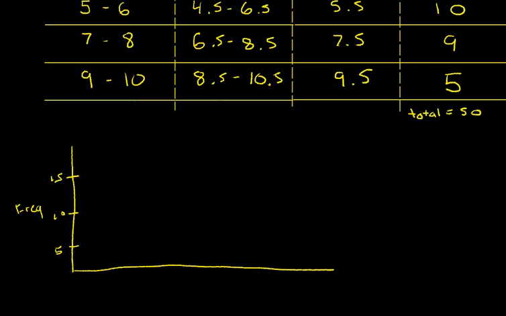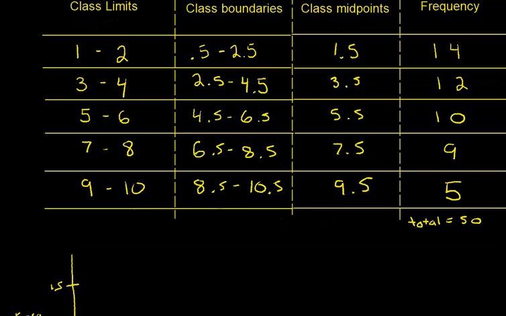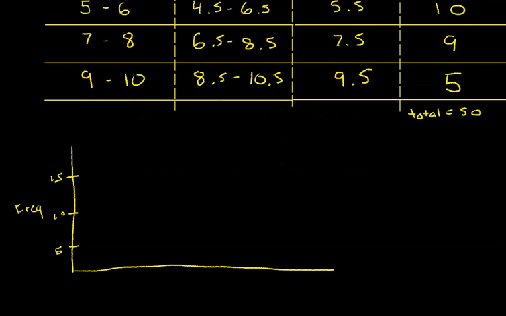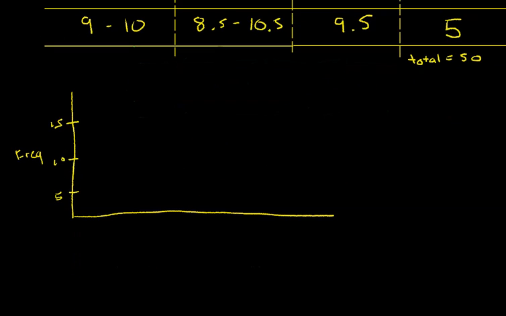And then down here on the x-axis will either be the class boundaries or the class midpoints. I'm going to go ahead and use class boundaries for the first histogram, and the next histogram I draw, I'll do midpoints. We should always label what this is.